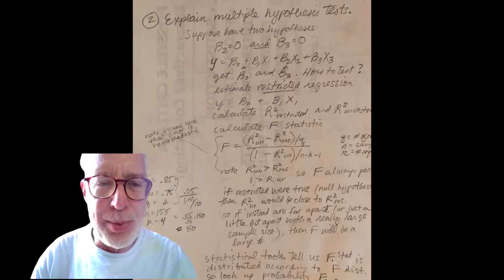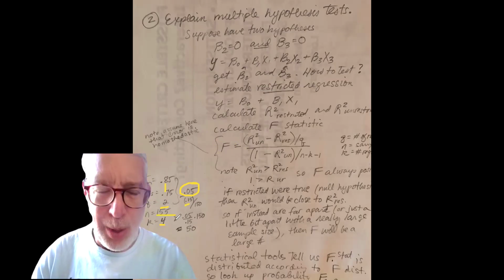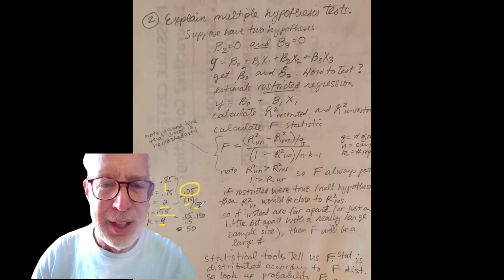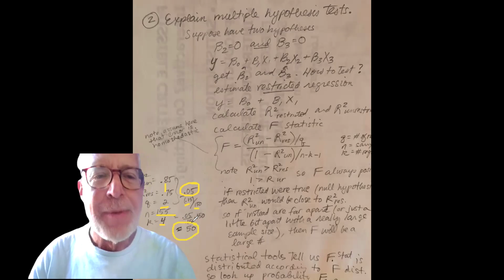The difference between 0.85 and 0.75 is 0.1. 0.1 divided by 2 is 0.05. So that's our numerator. In our denominator, we have 1 minus 0.85, so that's 0.15. And then we have 155 minus 4 minus 1, which would be 150. So we do all that calculation, we get an F statistic of 50.